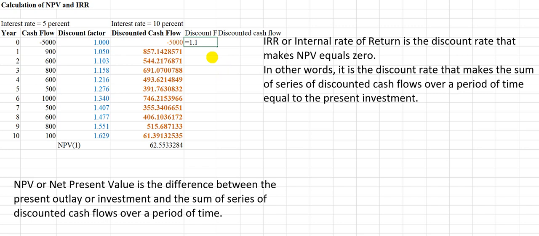The discount factor is 1.1, or for simplicity 1 plus 0.1 to the power 0. Similarly, it's 1.1 to the power 1, and 1.1 to the power 2, and I will carry on.